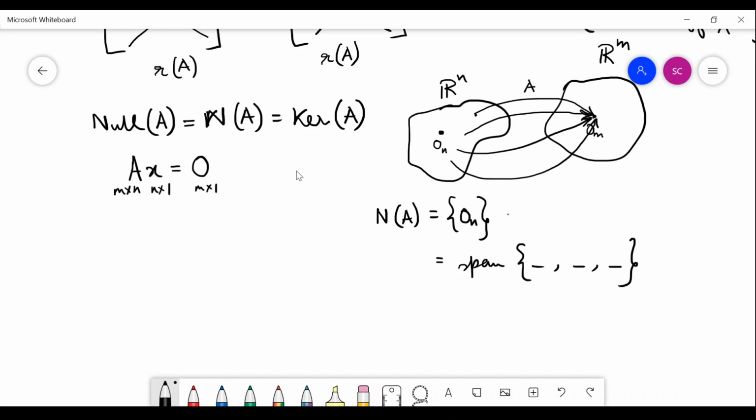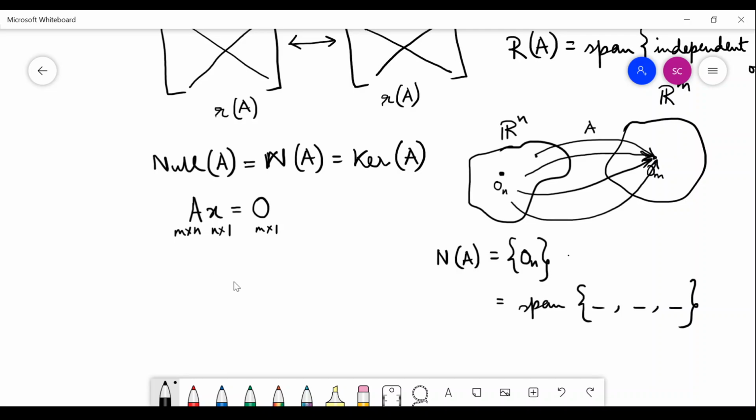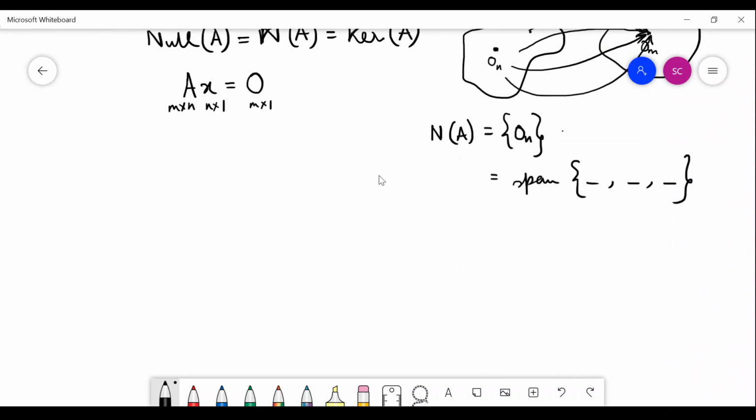So here what you need to see is very readily understood now. If your A matrix has some column vectors, of course it has columns, what we are trying to find with this equation is, suppose v1 is the first column, x1 is multiplying that column.